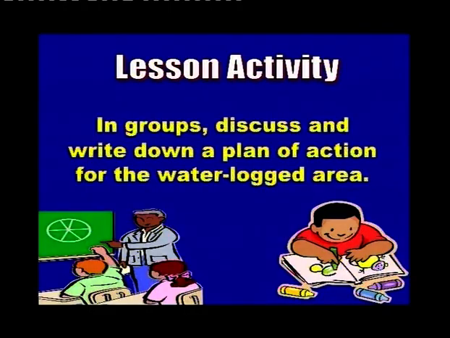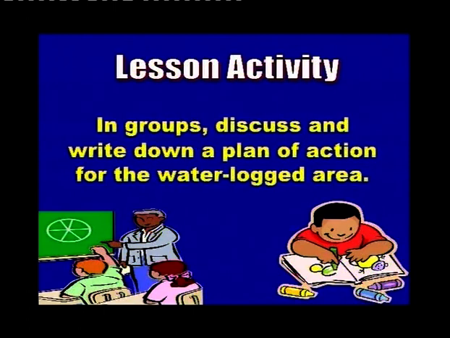Now, our activity, I'd like one person to read it for us, and if we can have Brandon. Brandon, read it for us. In groups, discuss and write down a plan of action for the waterlogged area.